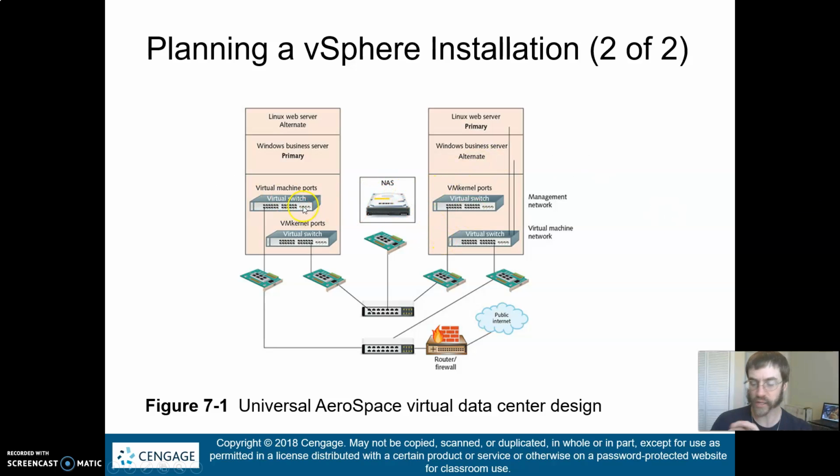Notice we've also got a couple of different kinds of virtual network. We've got VMkernel ports that tie into a management network here. And then we've got virtual switch ports that tie into our production network. VMkernel, this is your management stuff: vMotion, storage vMotion, high availability, heartbeats.